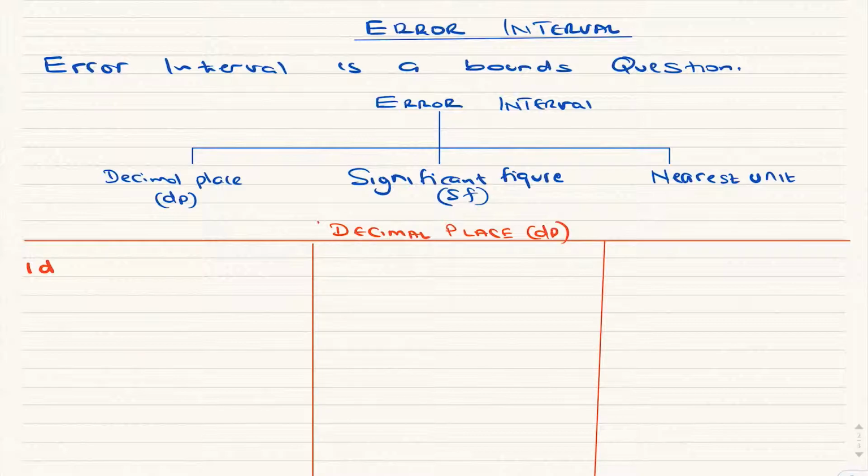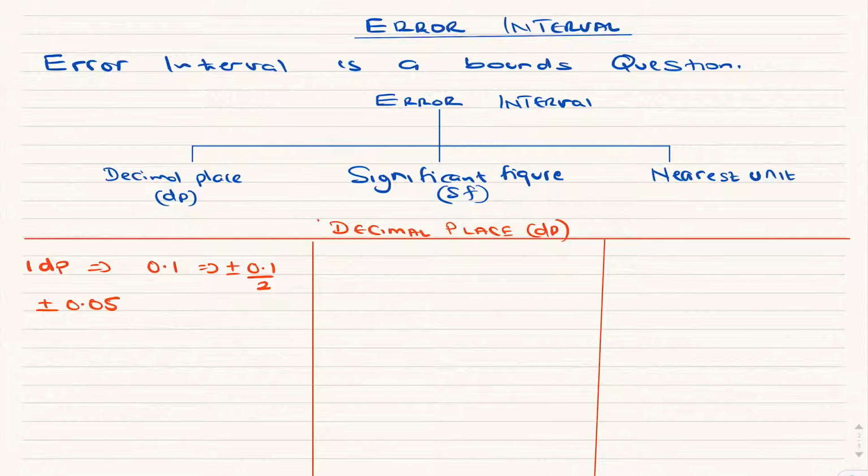1 decimal place implies that you should use 0.1, and to calculate the bound for 0.1, that would be plus or minus 0.1 over 2, and that will give you plus or minus 0.05.